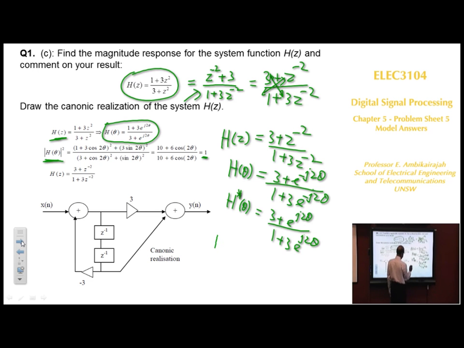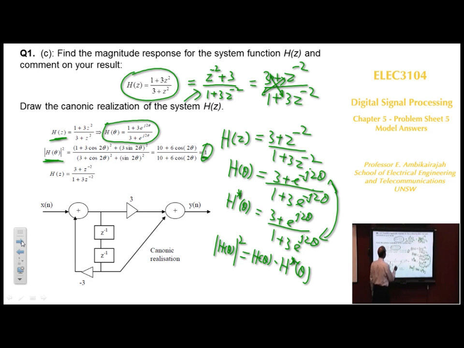And then |H(theta)| squared will give you H(theta) multiplied by H conjugate of theta. You multiply these two very easily and you will end up with the answer 1. So it's an all pass filter. Modulus is 1, so it's an all pass filter.